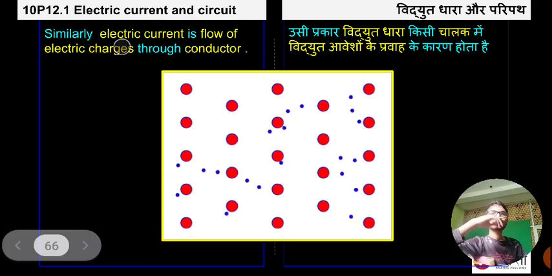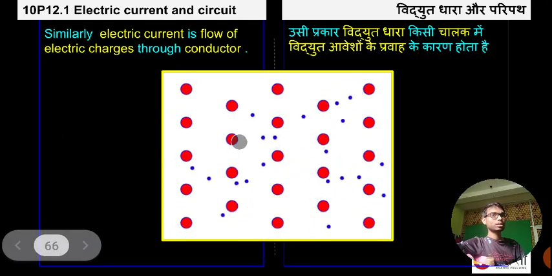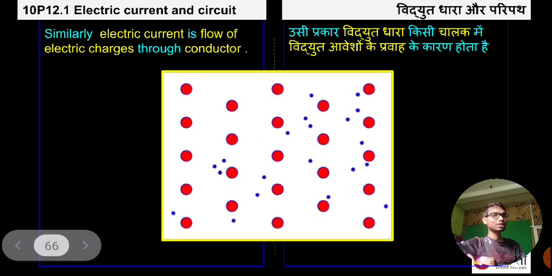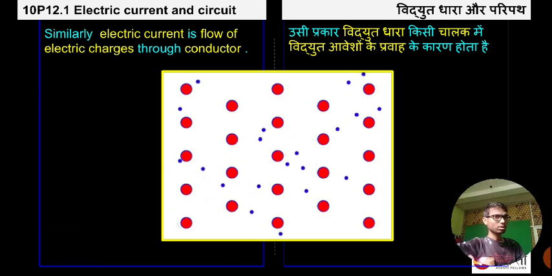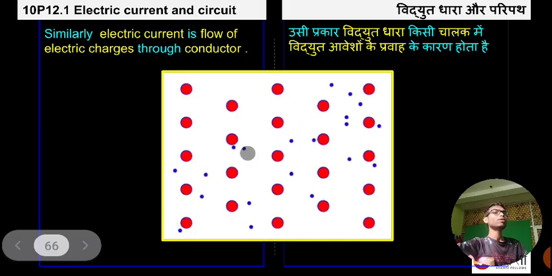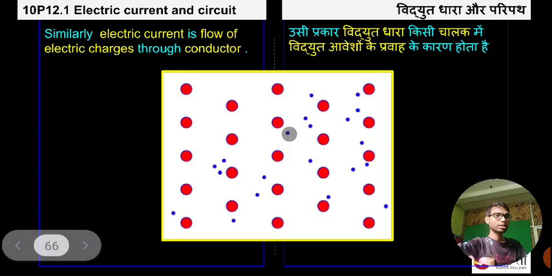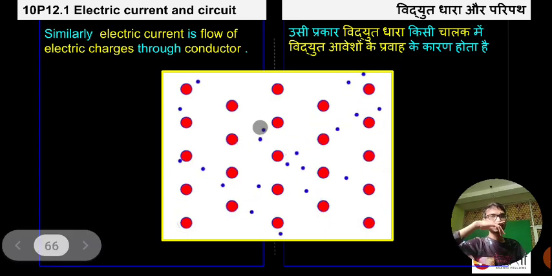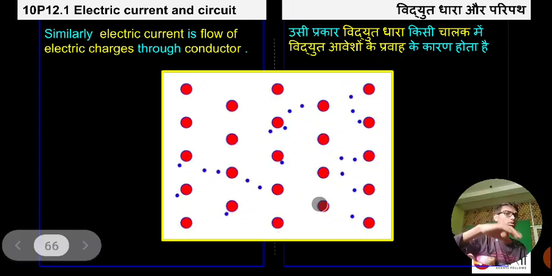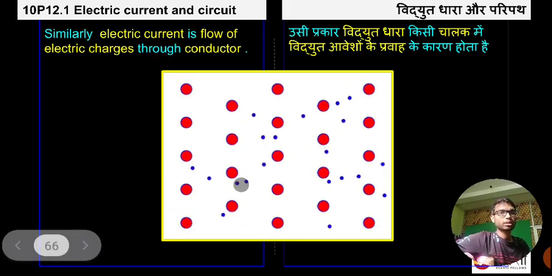Similarly, electric current is a flow of electric charges. Yes, we saw that water current is a flow of a number of molecules. Similarly, here we have charges, electric charge. Here, this blue color is an electric charge, and this red color is protons, the nucleus. All these are working like that.